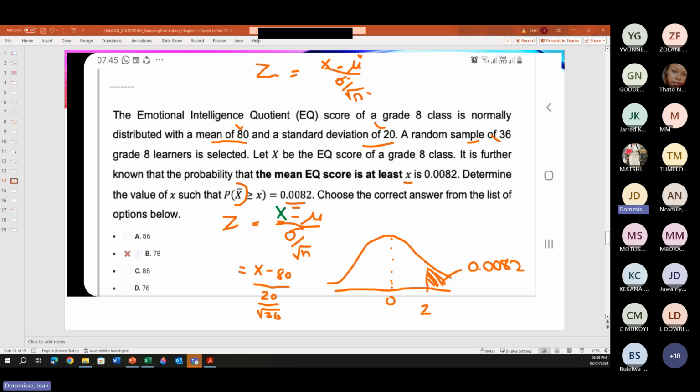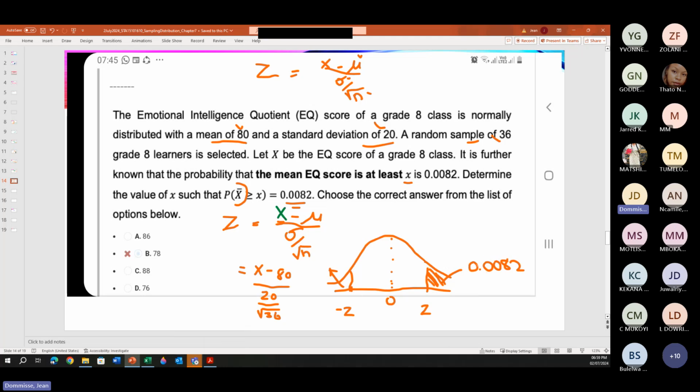We need to get to the positive z because we want that small area. But do we go and look at what the negative is and then just say, well, we know it is symmetrical. So if I get this small area, then I'm happy to just say that is the positive. So let's first do that and see what we get.